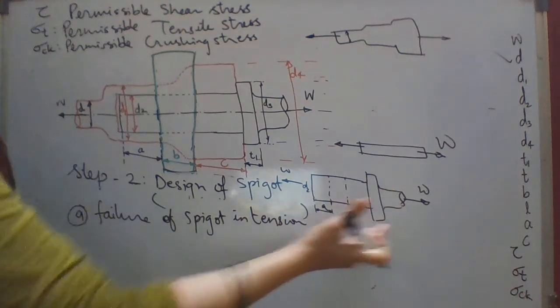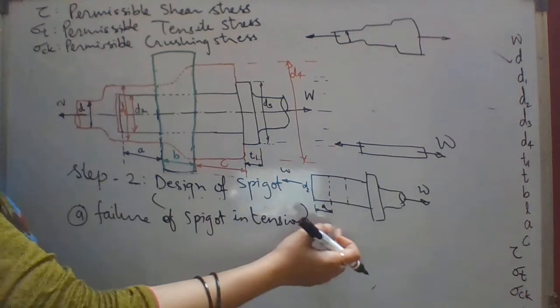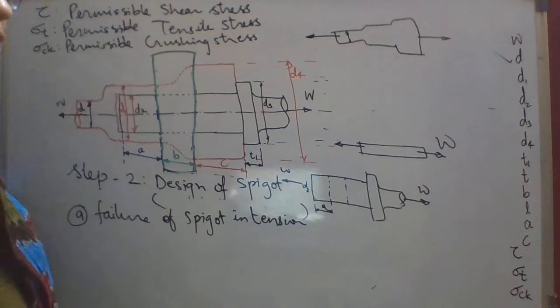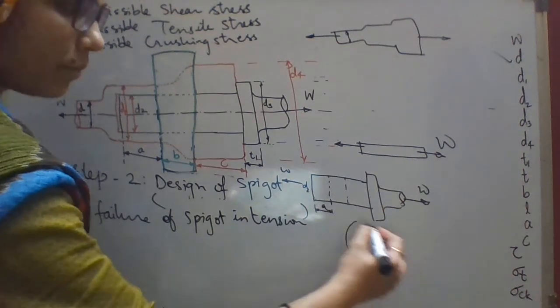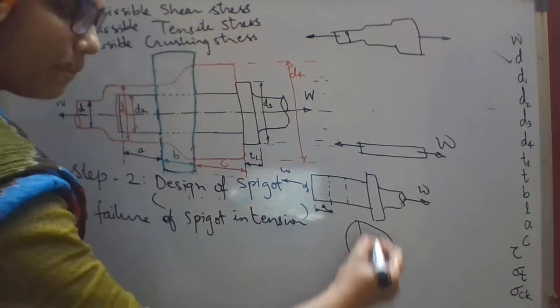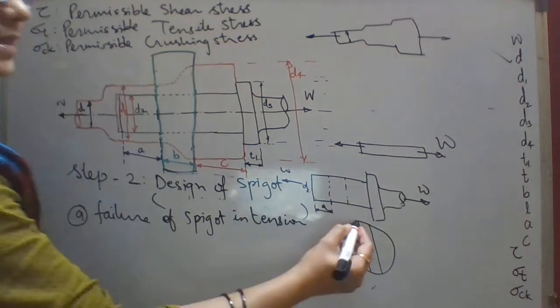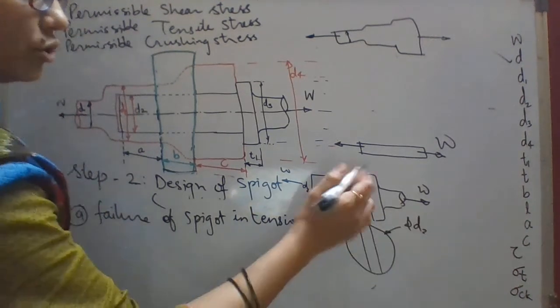So the spigot is having this shape. Where will be the smallest possible area of the spigot? Obviously it will be at the slot. So when we draw the side view of the slot, will it be like this? This is the slot, the smallest possible area, and this is the diameter D2.